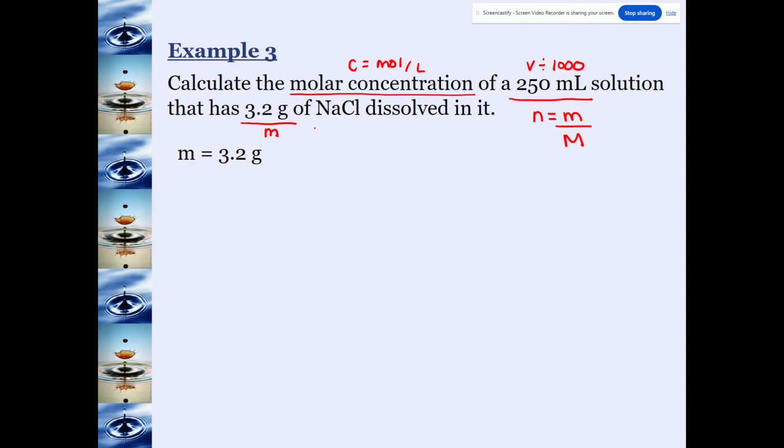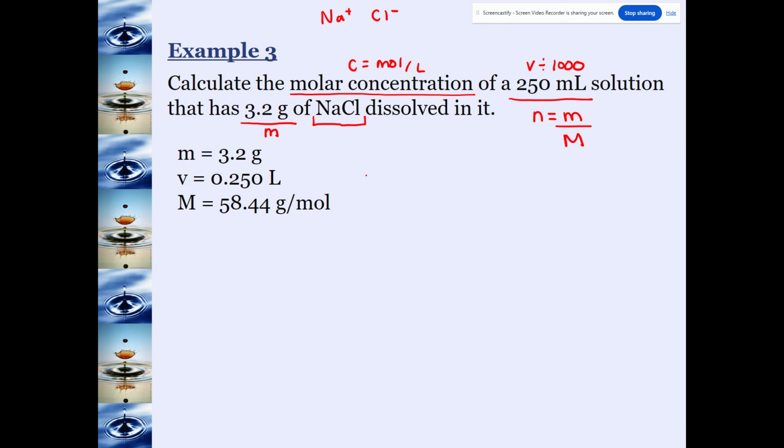Okay? Now I am given the formula of my solute. If I was given the name of my solute, sodium chloride, remember this is ionic, I would need to balance the ion charges to write the formula so I know how many sodiums and how many chlorides there are to find my molar mass.